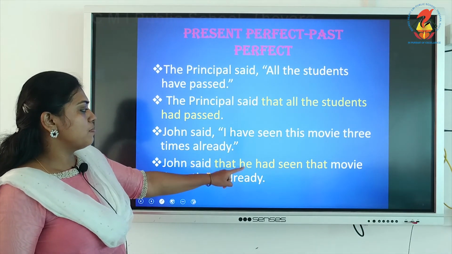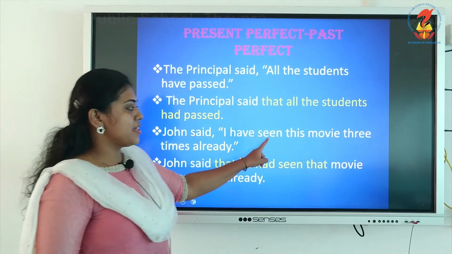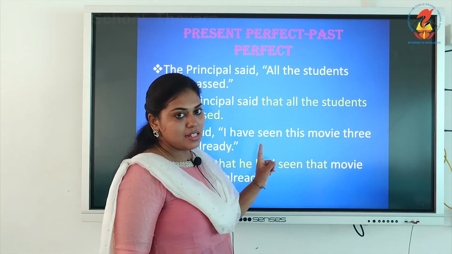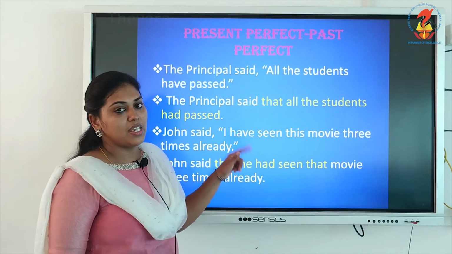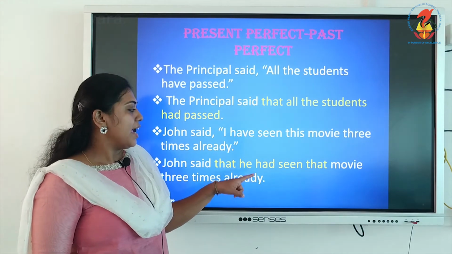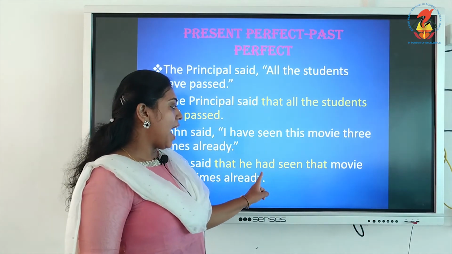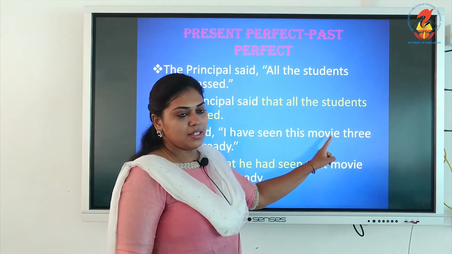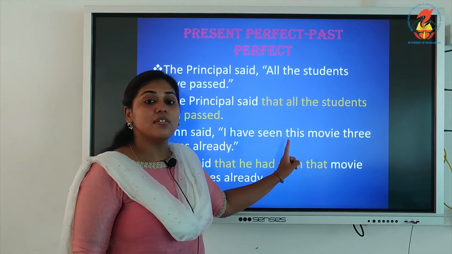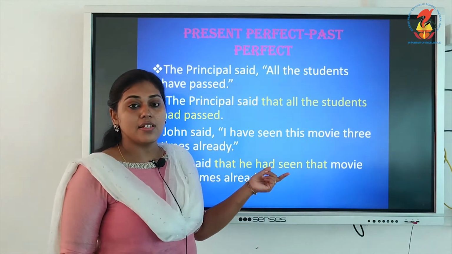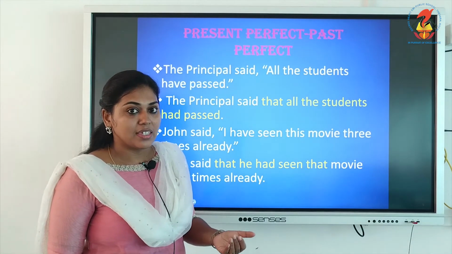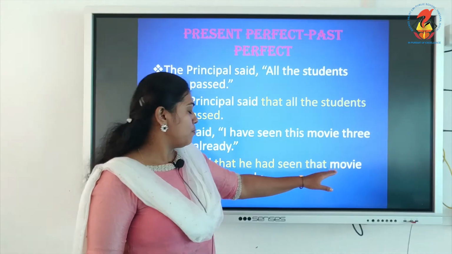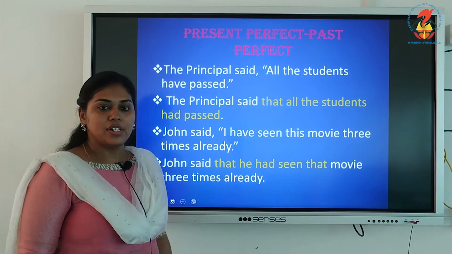So I should be changed to he. Have seen. We understand that this is written in present perfect tense, so we have to change it to past perfect tense. Hence the words would be had seen, and this movie 3 times already. When the word this comes in a sentence, you have to change it into that. So that movie 3 times already.